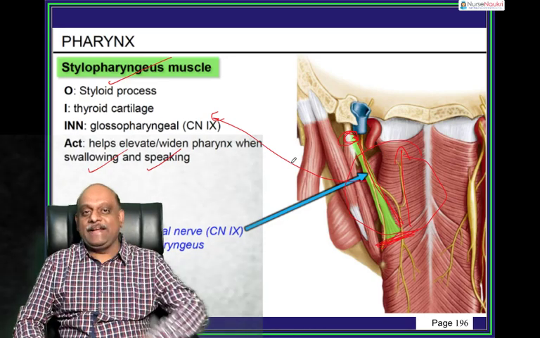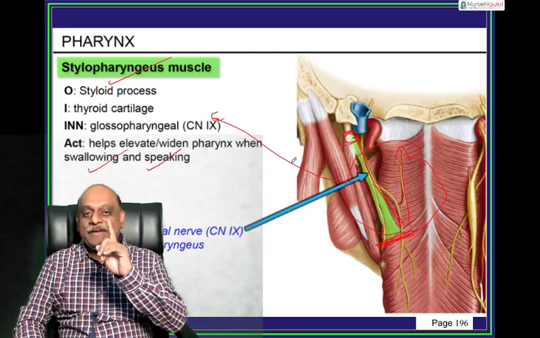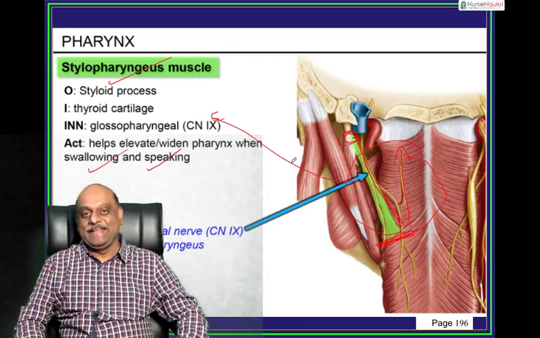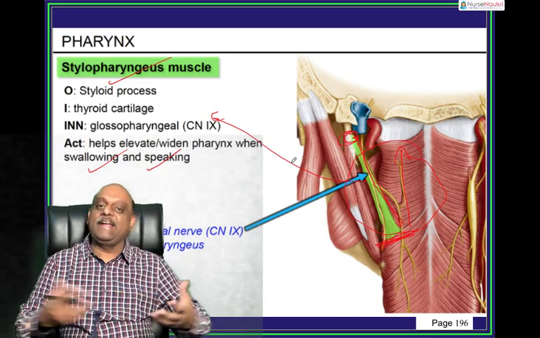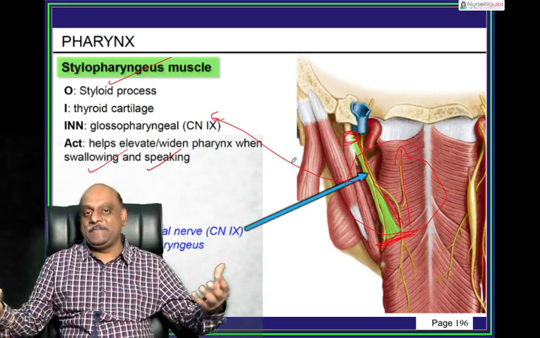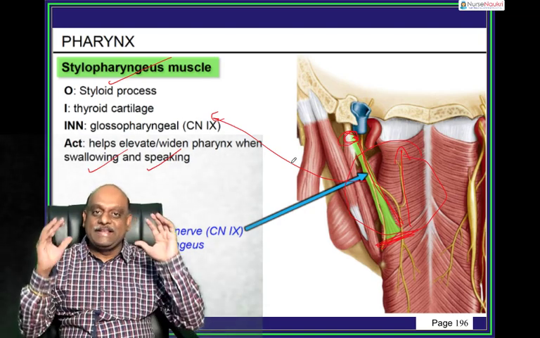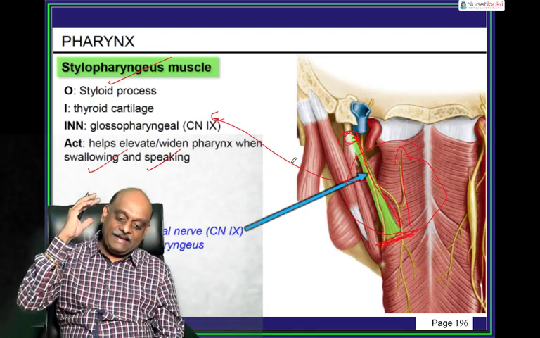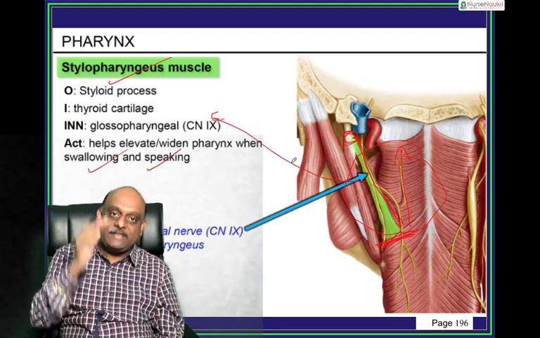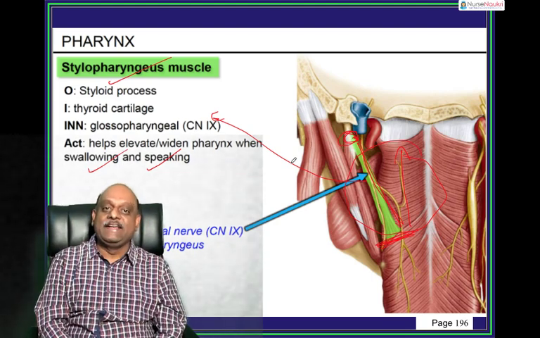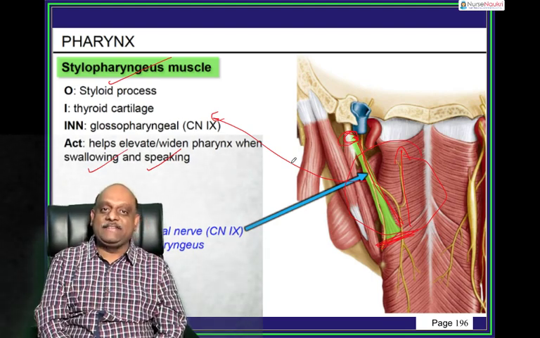No talking while eating, and no laughing while eating. She is a very kind-hearted grandma. I enjoyed my childhood. So she used to say, there is a high chance of aspiration, and you will go to the heavens straight away.